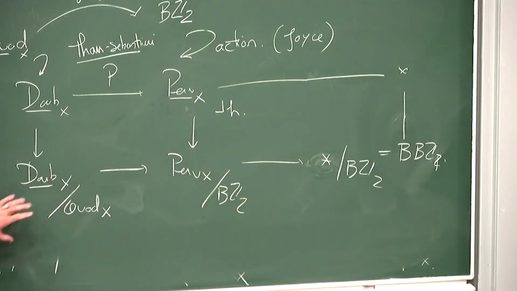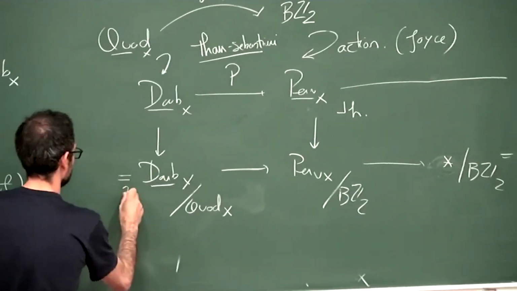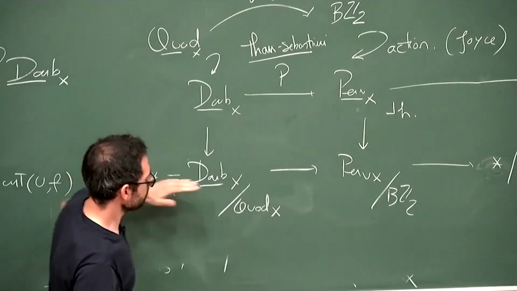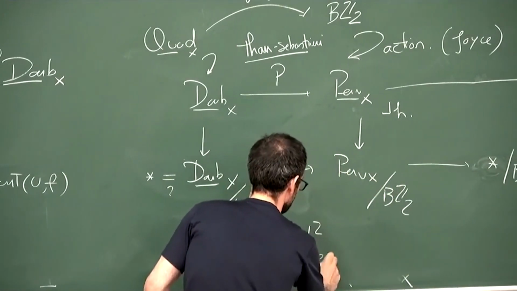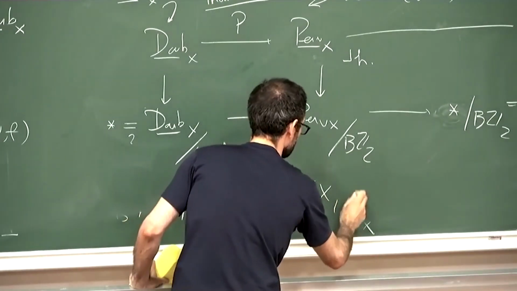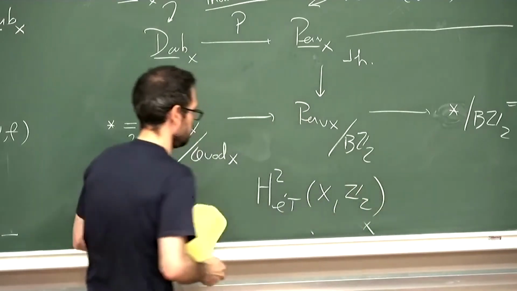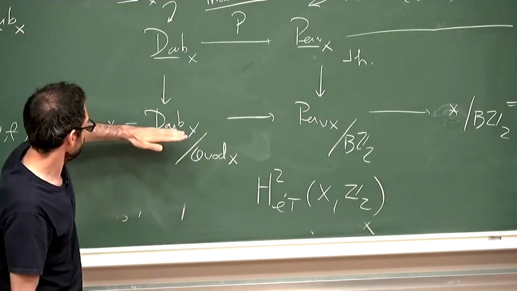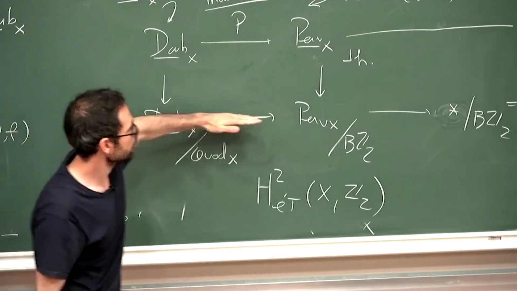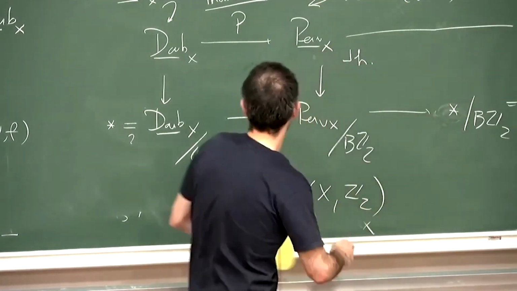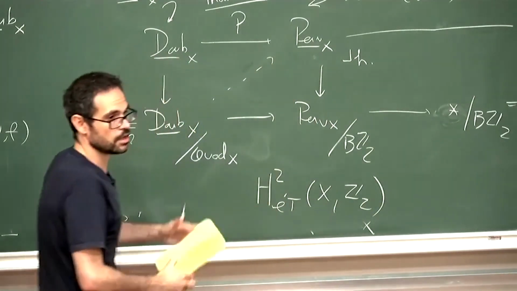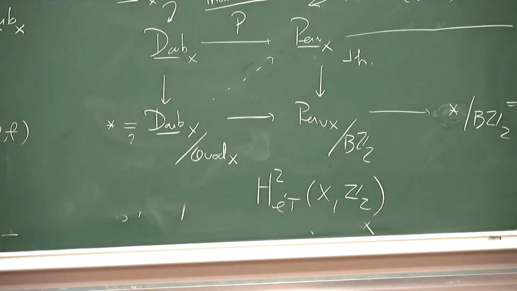So this map would classify a class here. And to trivialize this class, to say that it factors through the trivial bundle, is to give a lifting, is to give exactly a perverse sheaf.